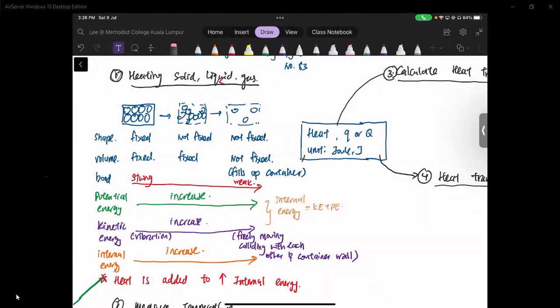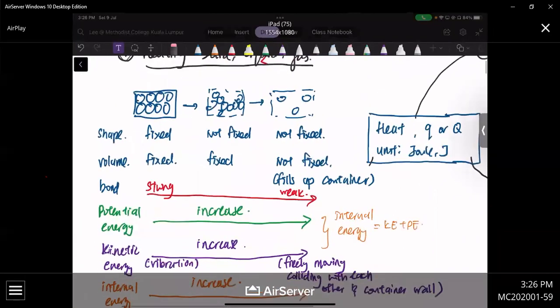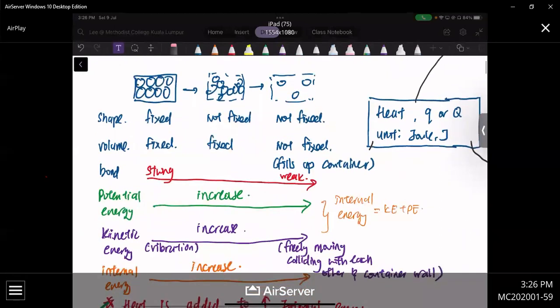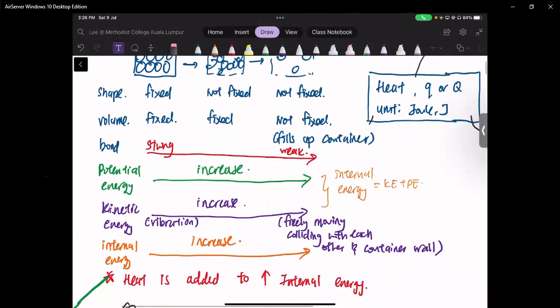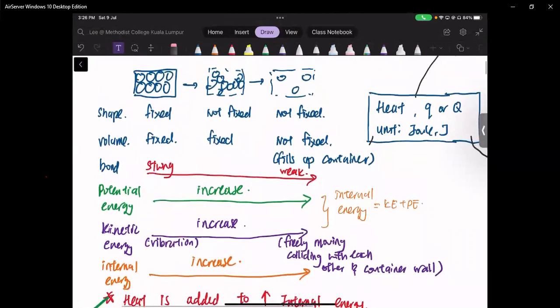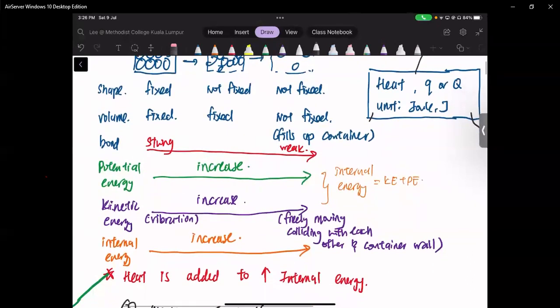Okay, so what we've done so far is the basic stuff, like the shape, the volume. And the important one is the multicolor one, because in physics, what we care about is less of the volume and shape, but more about the energy situation. So as you go from solid to liquid to gas, the bond goes from strong to weak.